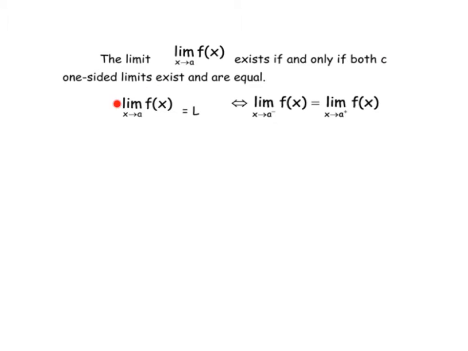It says that if the limit as x approaches a of f of x equals this limit, then that means the limit from the left has to equal the limit from the right. So this is just our limit definition. This is not continuity. This is our limit definition said in notation: as x approaches from the left and x approaches from the right, they have to be the same or there is no limit.